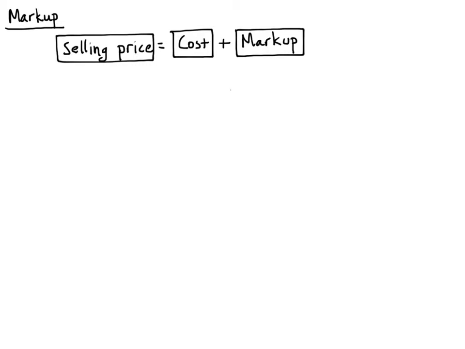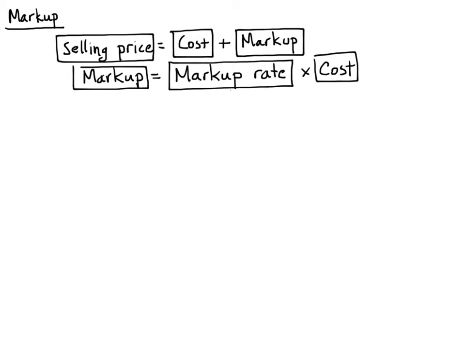So you would have one of these two-part models again, where your markup is your markup rate times your cost. The important thing here is that markup is always considering cost, because when you're marking it up, what you're marking up is the cost, and you're arriving at the price.